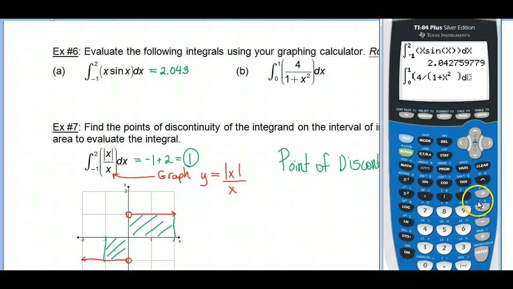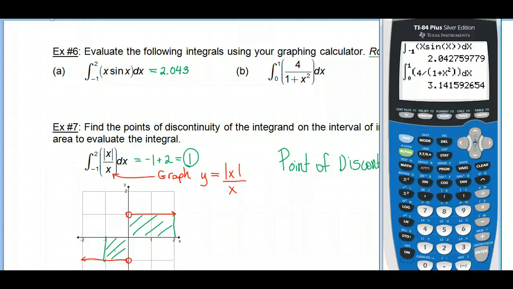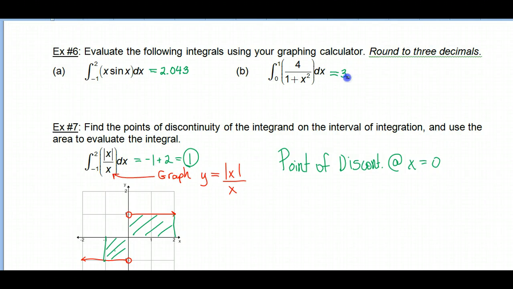No. And we get 3.142? No, but you didn't get that. Yeah, I got 3.1. No, 3.142. Yeah. Okay, I'll check.